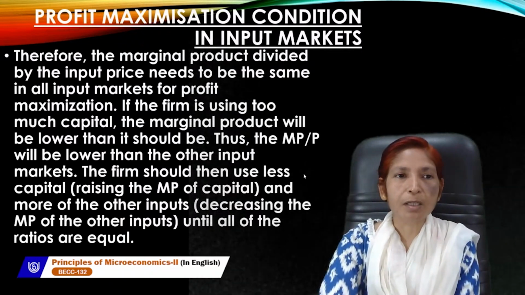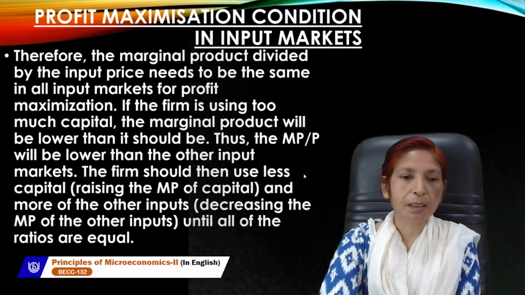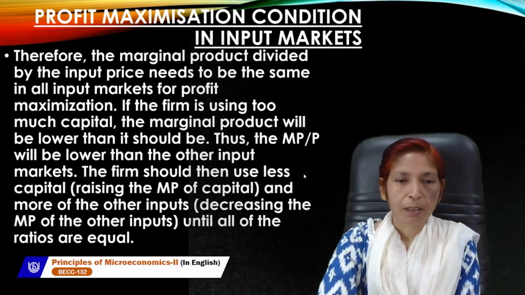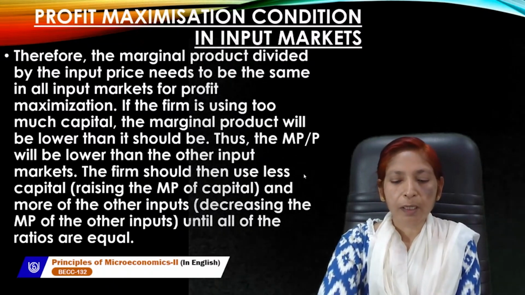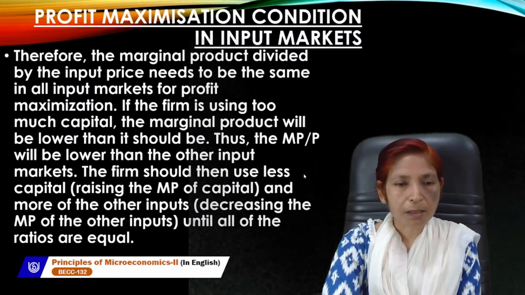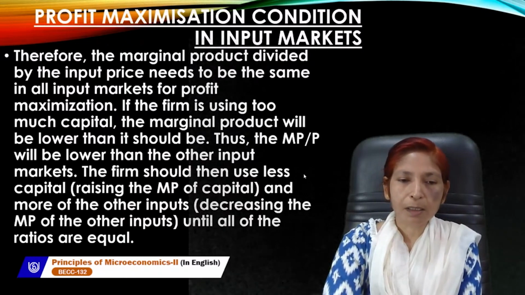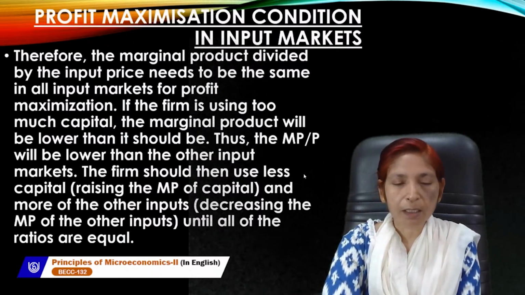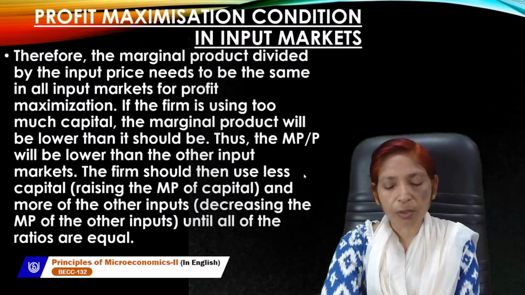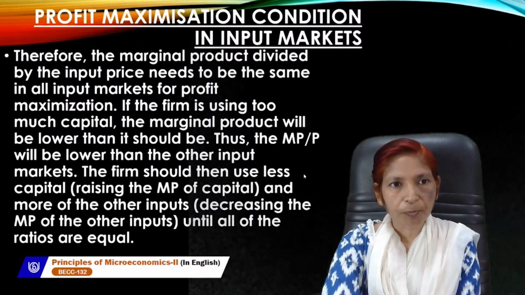Otherwise, we can't achieve the profit maximizing condition. If any disequilibrium or imbalance occurs in this case, then we have to decrease the use of that factor and increase the units of the other factors.